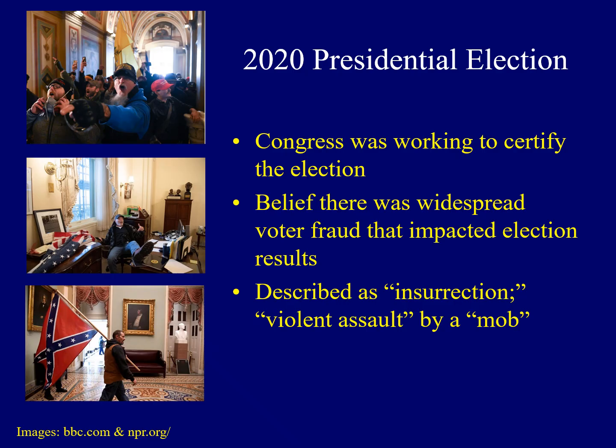Just as members of Congress were working to certify the election, a group who believed there was widespread voter fraud stormed the United States Capitol, overran the police, and occupied the Capitol for several hours. The count was brought to a halt for a time, but they actually finished very early the next morning. Democrats as well as Republicans have both described this event as an insurrection and an assault on American democracy.